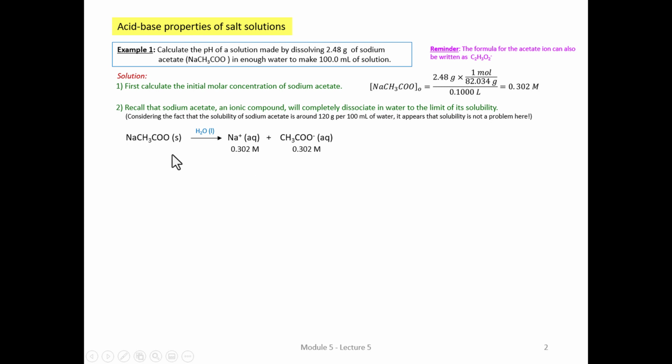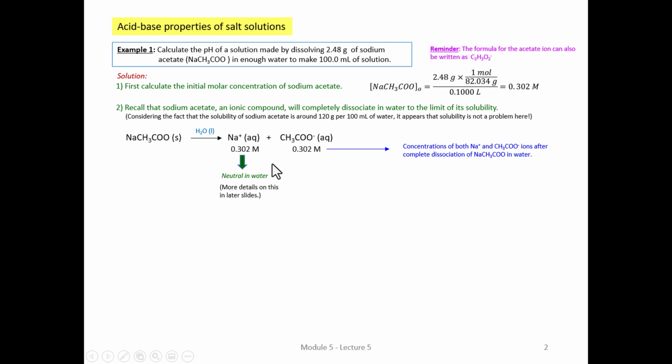And in this case, when this dissolves, you'd get 0.302 molar sodium ion and 0.302 molar acetate because it completely dissolves. And what we're just going to tell you here is that the sodium ion is not going to interfere. We're just going to state that it's neutral in water, and we'll talk more about this later. But the point is, we've found a way to put acetate kind of by itself just into pure water.